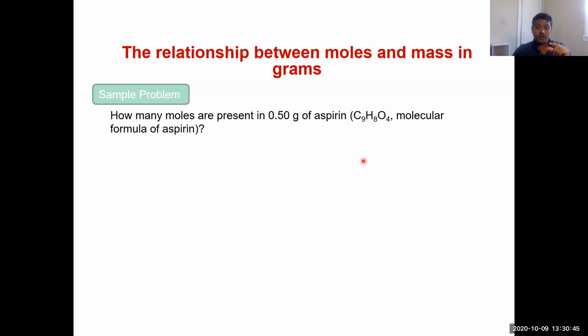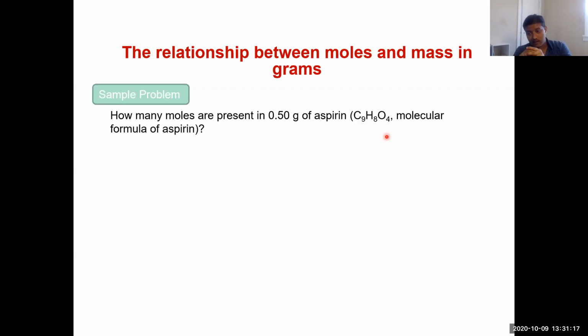Each carbon weighs 12.01 atomic mass units, so you multiply 12.01 by 9. Hydrogen weighs 1.008 atomic mass units, and you multiply by 8. Oxygen weighs 16 atomic mass units, and you multiply by 4. You combine all of those numbers to get the mass of aspirin in atomic mass units.